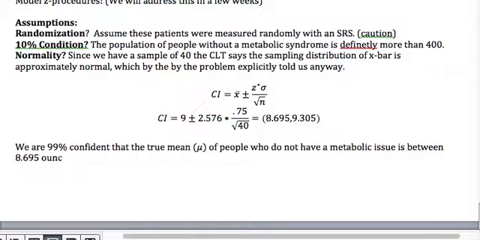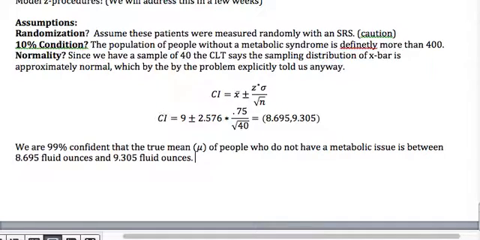Make sure you get your units on here. That's why I put them there. Fluid ounces and 9.305 fluid ounces. There you go. Done. That's what they wanted to know. Okay. So there we go. We estimated what the real average number of platelets is for people.